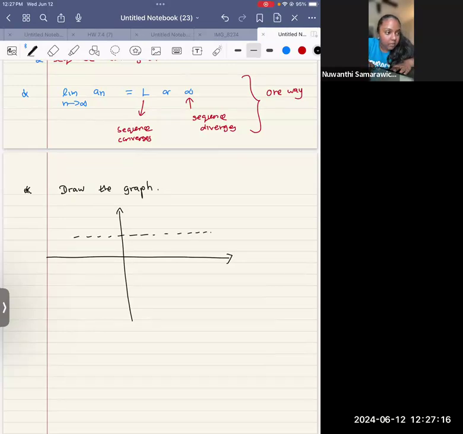This is the horizontal asymptote at 8 over 3. This is x equal to 5 over 3, which is a vertical asymptote. So your graph will look like this.